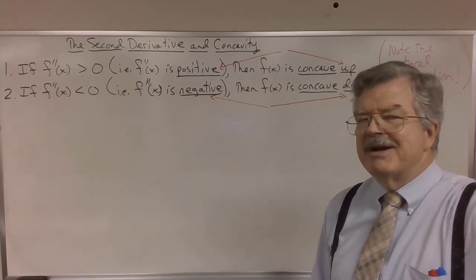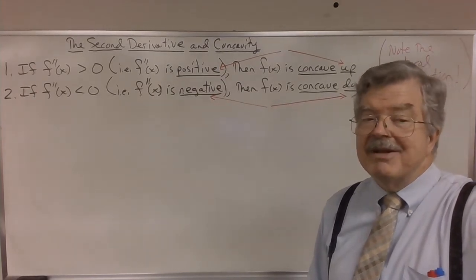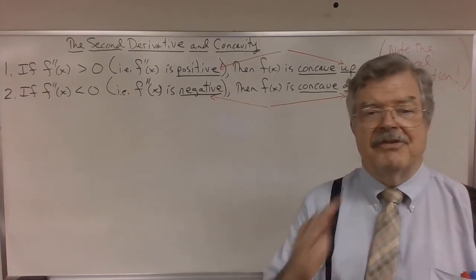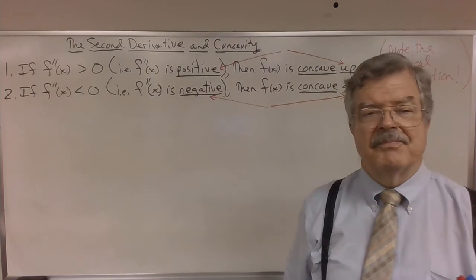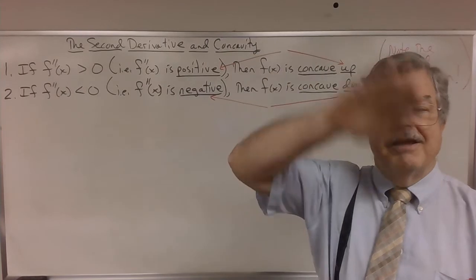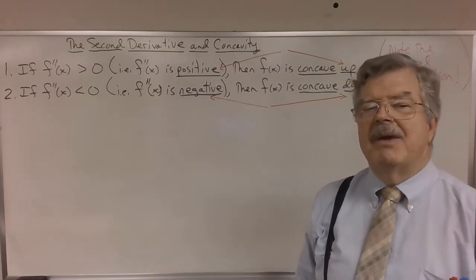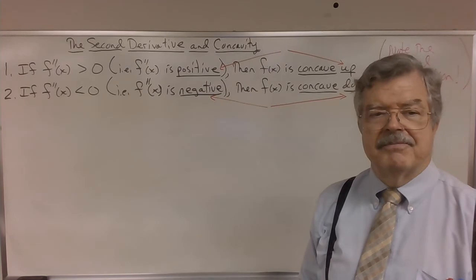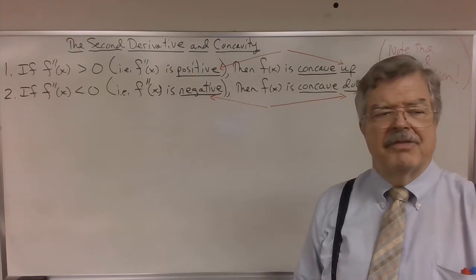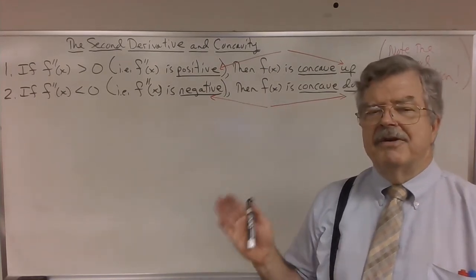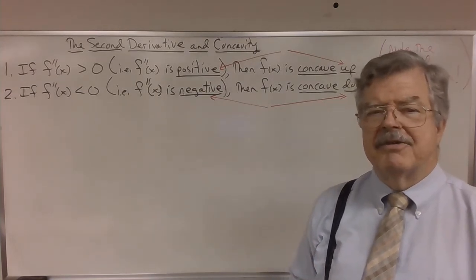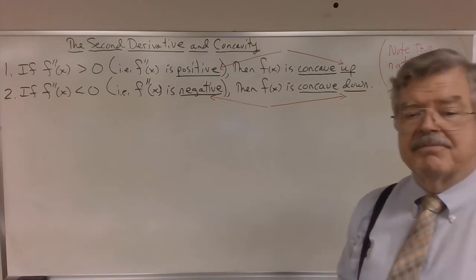We only care about the second derivative because of what it tells us about the original function. The first derivative tells us increasing and decreasing. The second derivative tells us concave up and concave down. That's why we're interested in the first derivative and in the second derivative, because of what they tell us about the original function. And the first derivative and the second derivative each tell us something different about the original function.